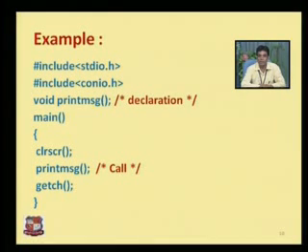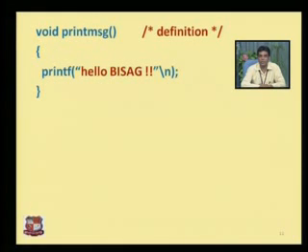Then when the compiler goes to that point, print message, it will check that it is a particular type of call, and where it calls to a particular definition. The definition is void print msg, that is the print message. The definition is here, and since our program is launching on bisect, we have to thank the bisect also.